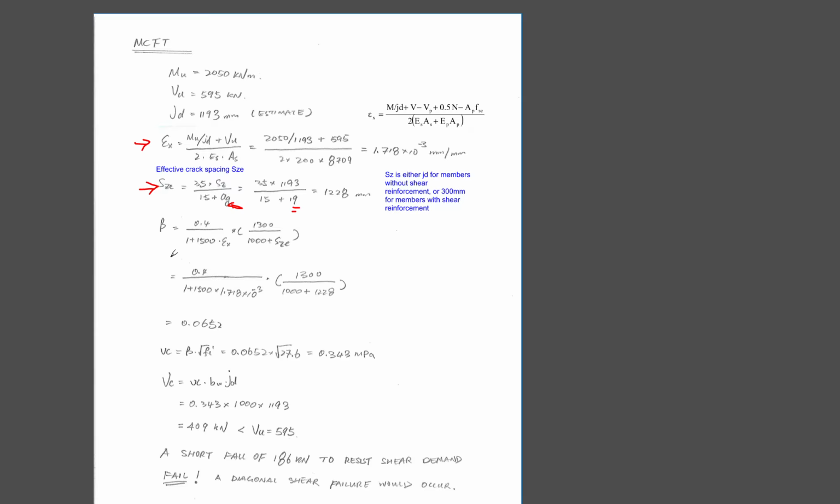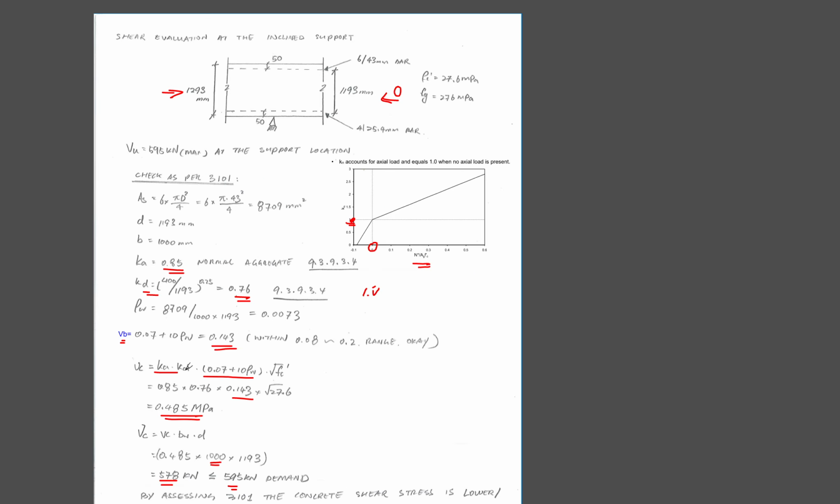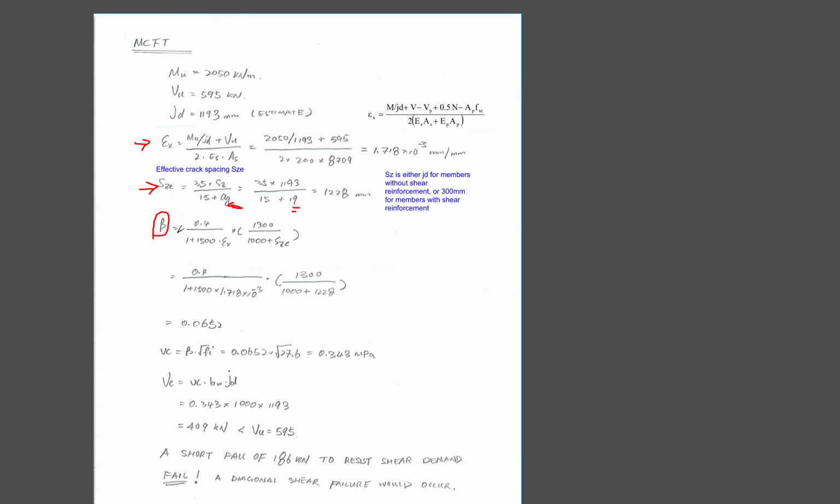This is a beta value that substitutes all the Ka, Kd, Kn and Vb factors here, so all of them become one beta value. The beta value accounts for the strain in the concrete and the size effect, the crack spacing in the concrete, and eventually you get your beta value here.